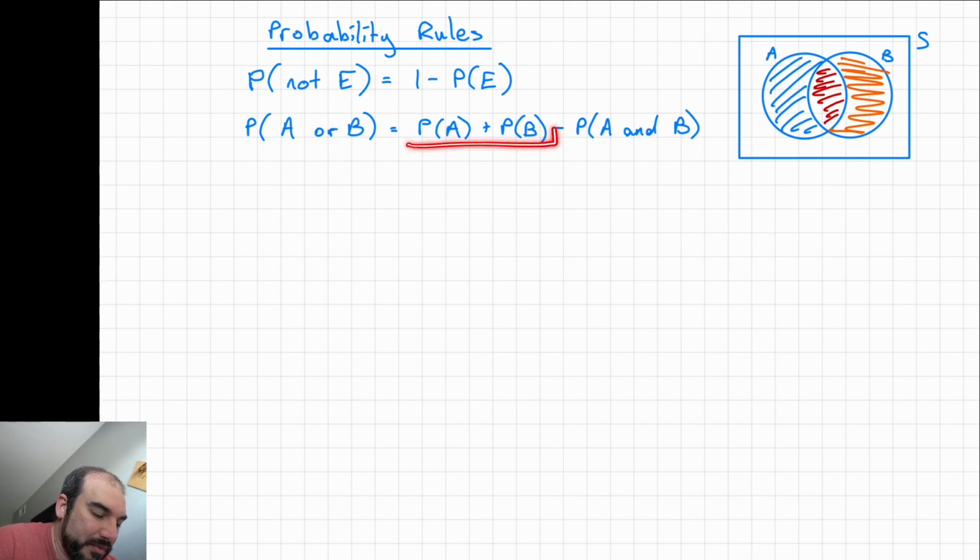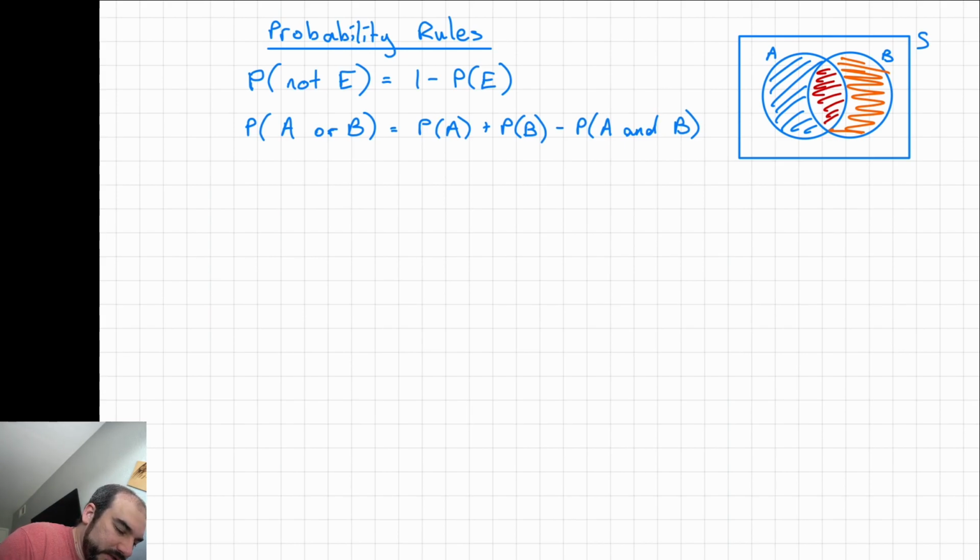When you just do probability of A plus probability of B, you're blindly adding this middle space twice. So we subtract it once so that we get each space in the Venn diagram added exactly once.